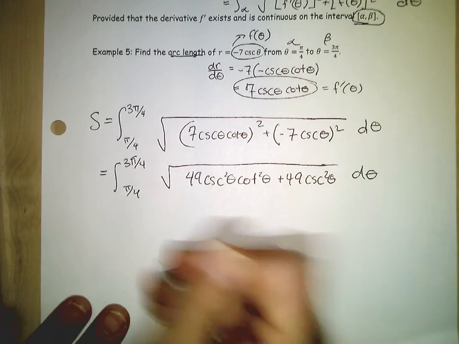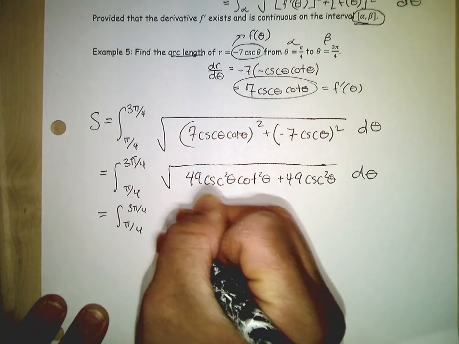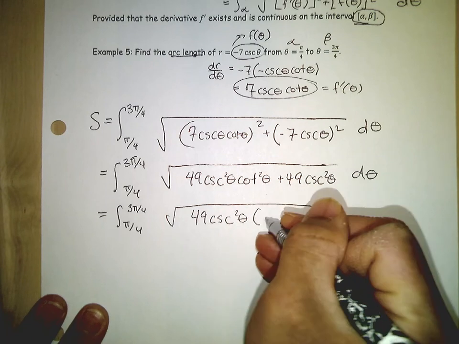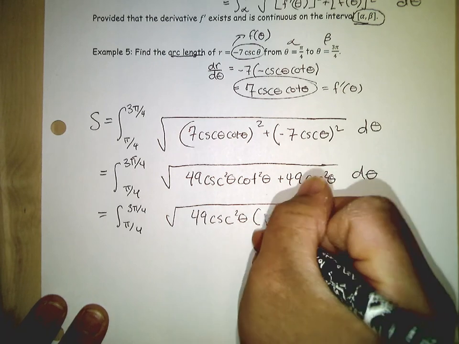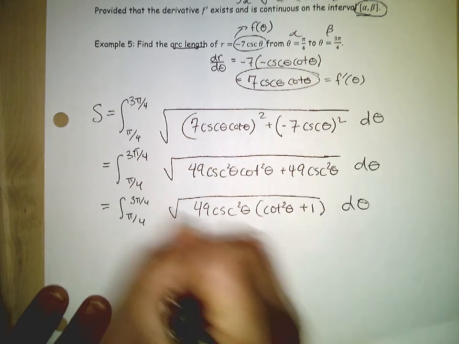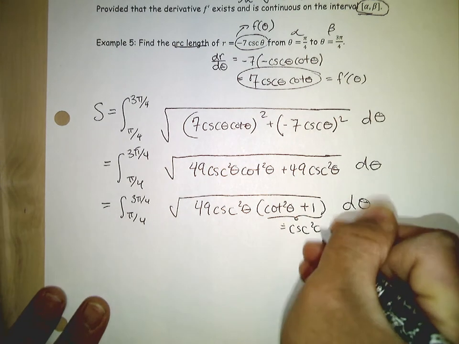Now, I'll factor out the 49 cosecant squared theta. So I have 49 cosecant squared theta times cotangent squared theta plus 1 d theta. But now use your identities, and this will be cosecant squared theta.